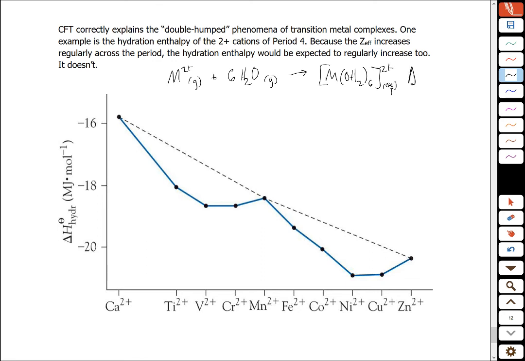And the energy of that reaction is called the hydration enthalpy. Okay? It's always going to be exothermic because we're making 6 covalent bonds, so that's going to release energy. It's going to be highly exothermic. And if we were to look at this solely as a function of charge density, and remember that hydration enthalpy is a function of charge density.